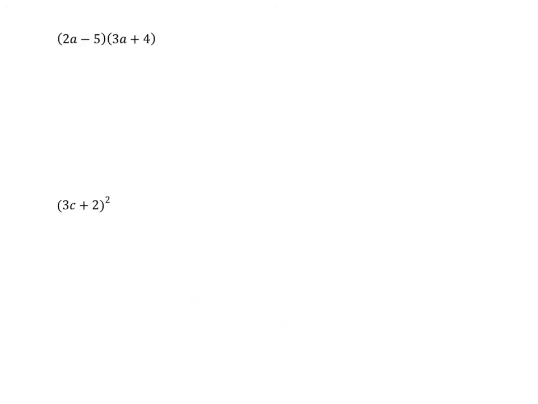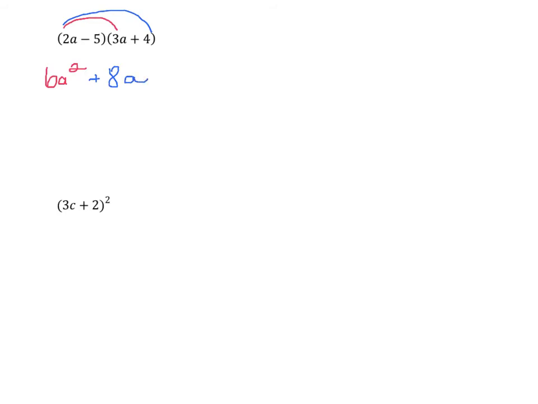You guys all know what foiling is, so that's what we're going to do. First, outside, inside, last. So the two first, 2a times 3a, well, that's 6a squared. The two outsides, 2a times 4, that's 8a.